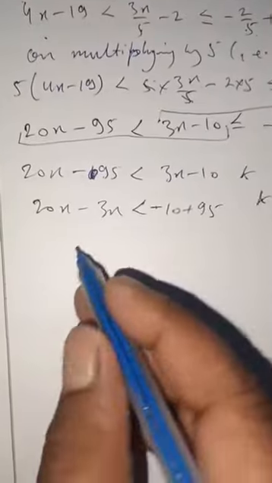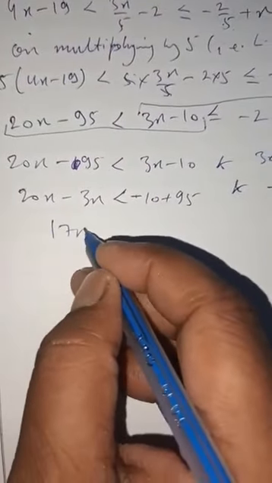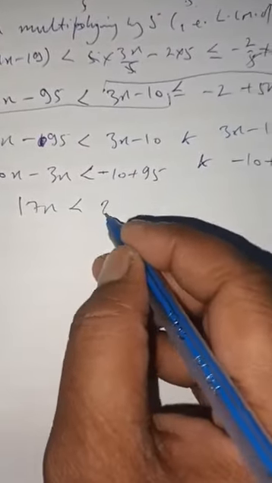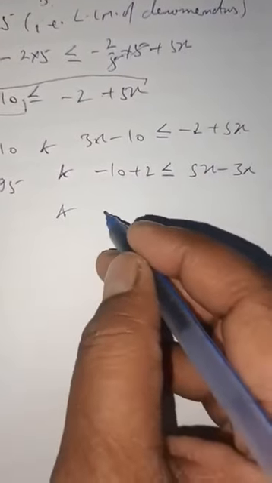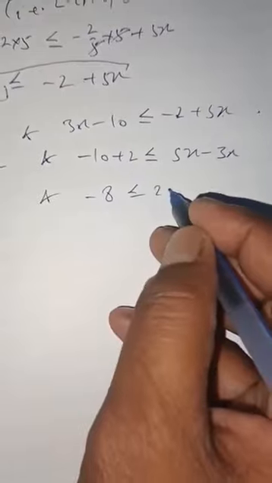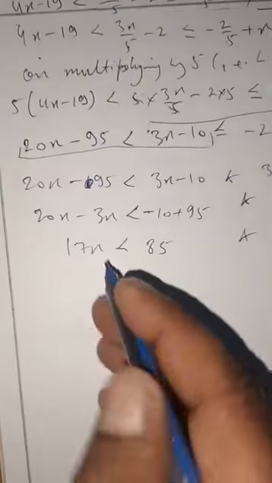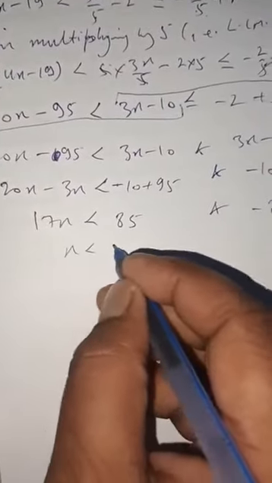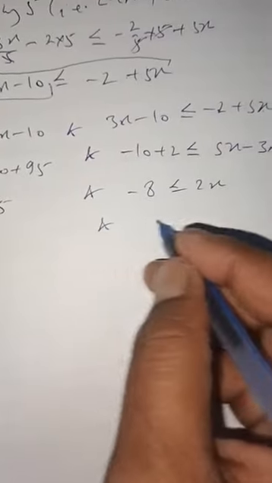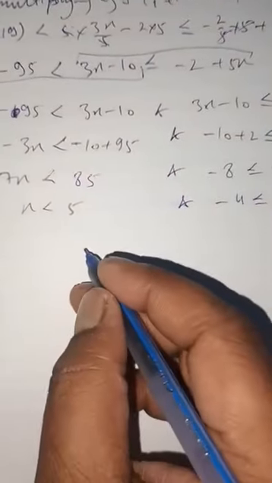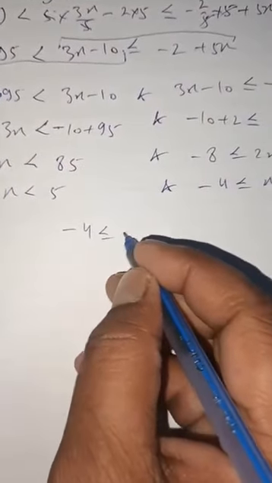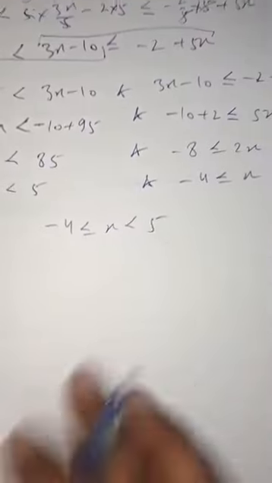Here we will get 17x is lesser than 85, and minus 8 is lesser than or equal to 2x. So from this we will get x is lesser than 5, and from here we will get minus 4 is lesser than or equal to x. So on combining that we will get minus 4 is lesser than or equal to x is lesser than 5.